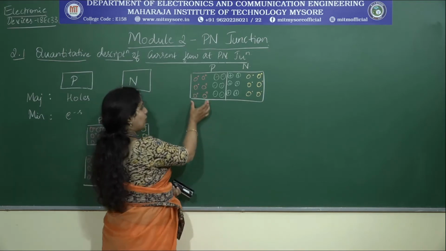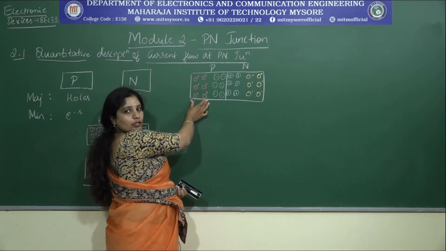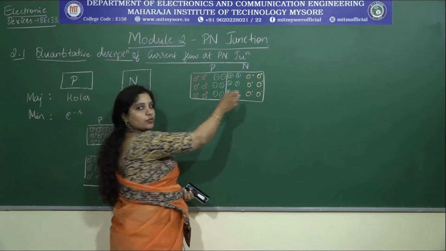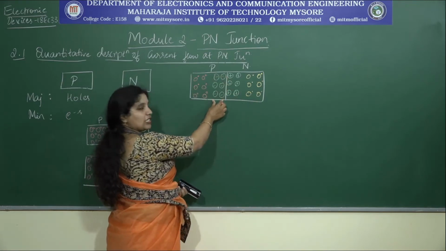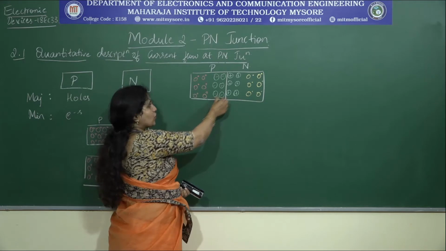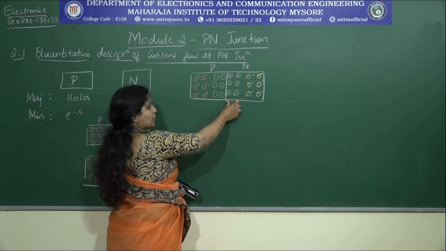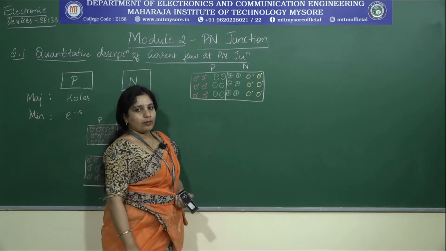Now, what is happening? There are holes present here, majority electrons present here. There is a negative space charge region which is created at the p-type junction and a positive space charge region which is created at the n-type region.